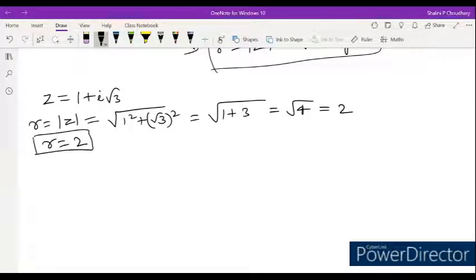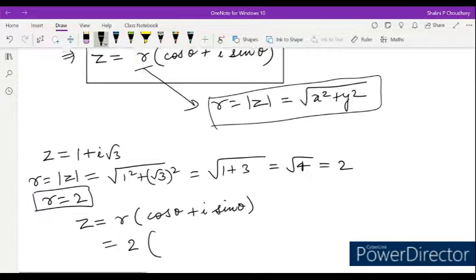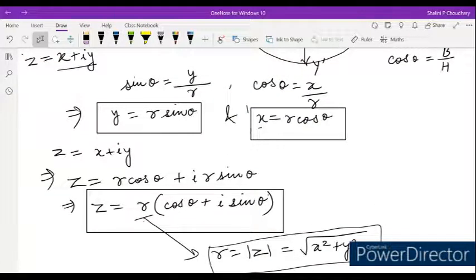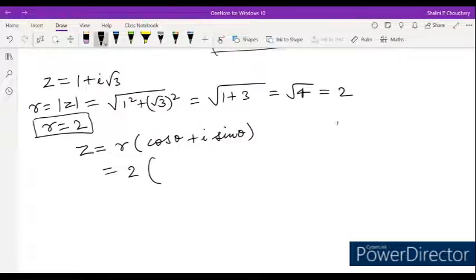Now z can be represented as r into cos theta plus i sin theta, and the value of r is 2. How can we find theta? Cos theta is equal to x upon r and sin theta is equal to y upon r.